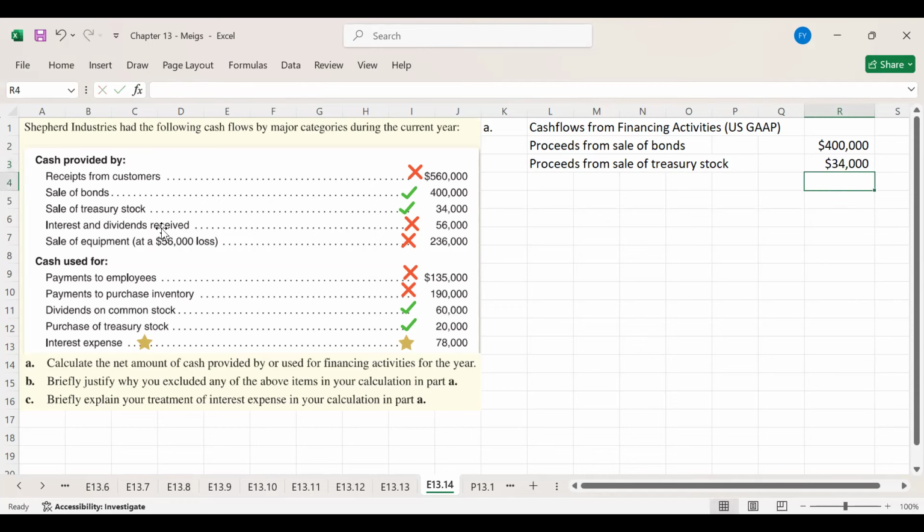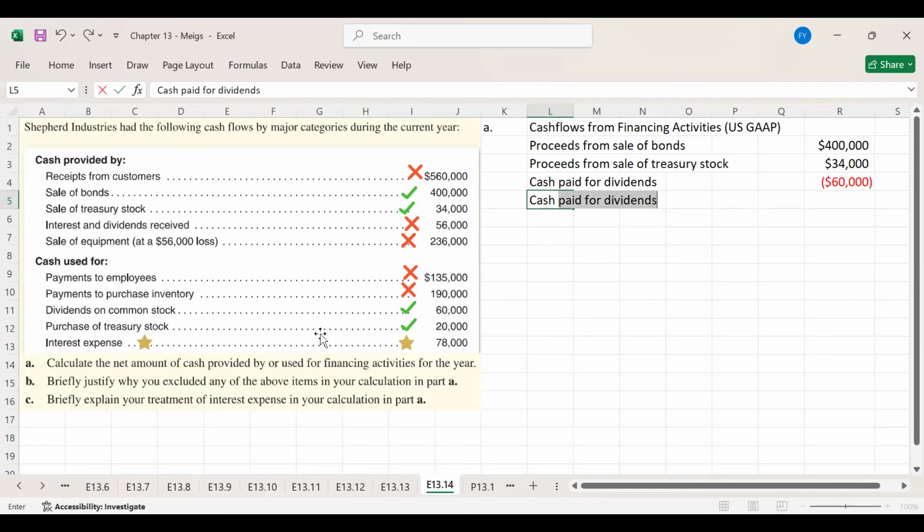Then we have dividends on common stock. So cash paid for dividends, which is negative because it is cash paid, and the amount is 60,000. And then purchase of treasury stock, or buying back shares.